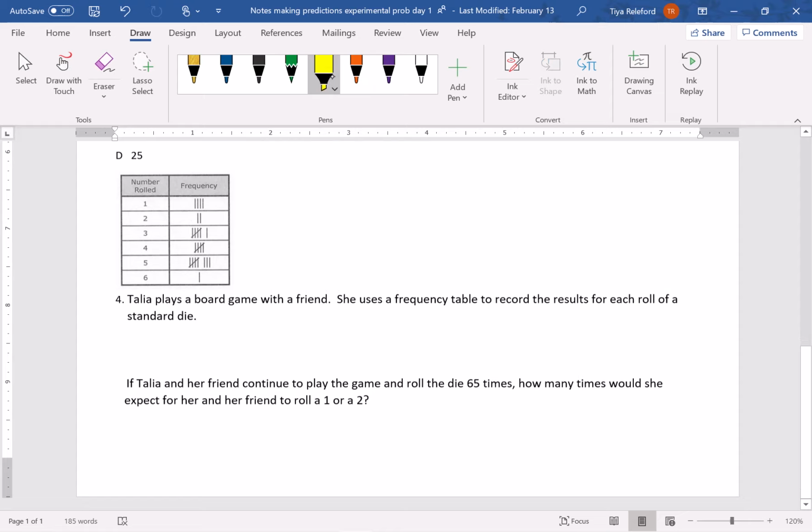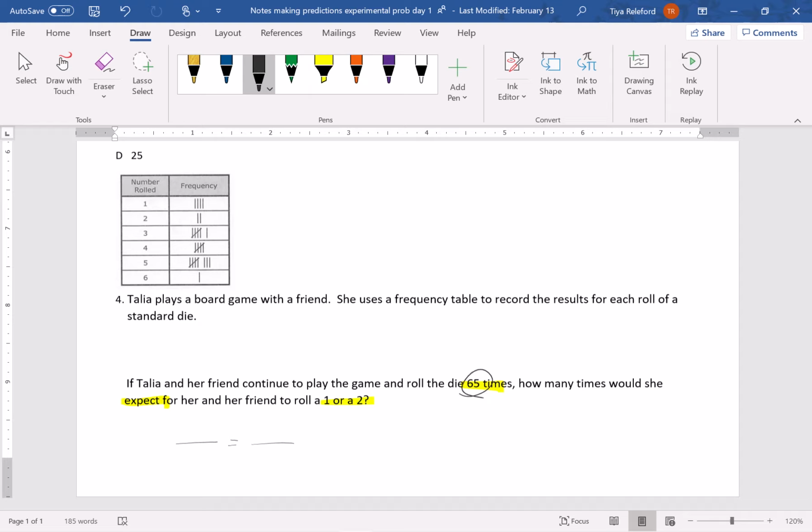Talia plays a board game with a friend. She uses a frequency table to record the results of each roll on a standard die. If Talia and her friend continue to play the game and roll the dice 65 times, how many times would she expect for her friend to roll a 1 or a 2? There's that word expect, which tells you you're using a proportion.